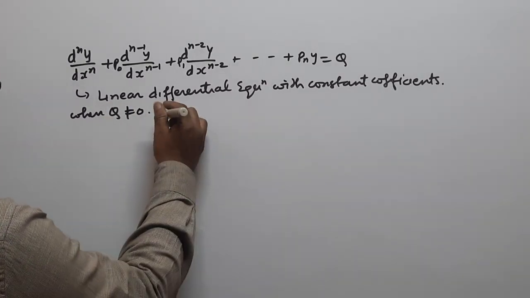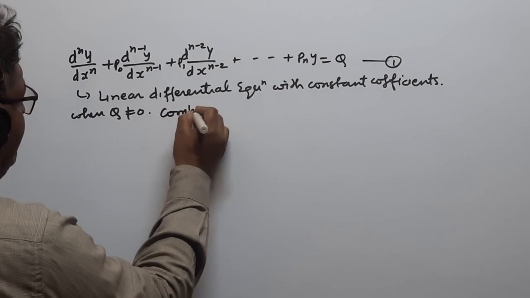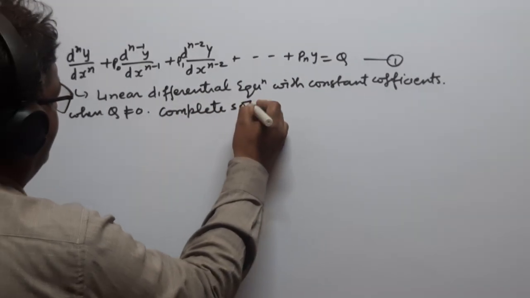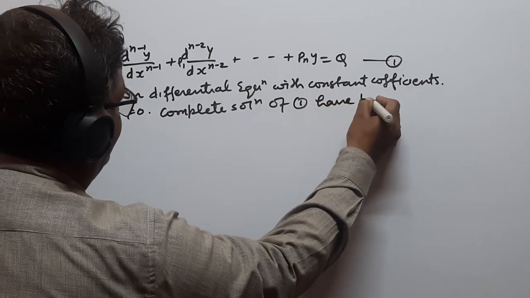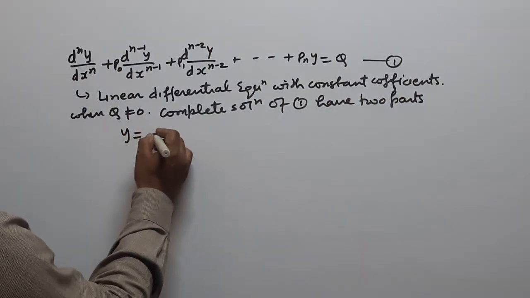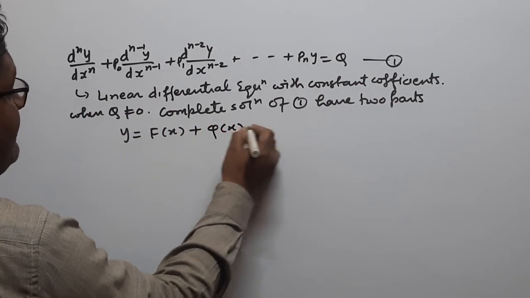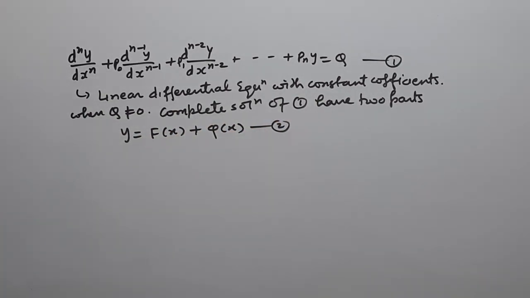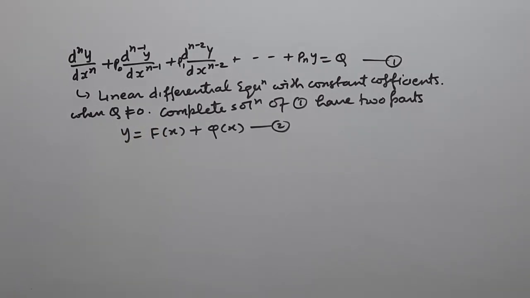You know that the complete solution of (1) has two parts. y = f(x) + phi(x) is the complete solution of (1).